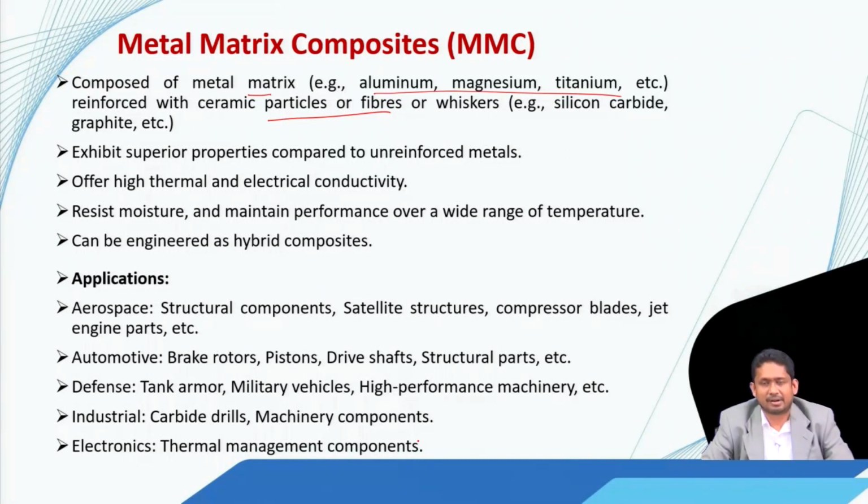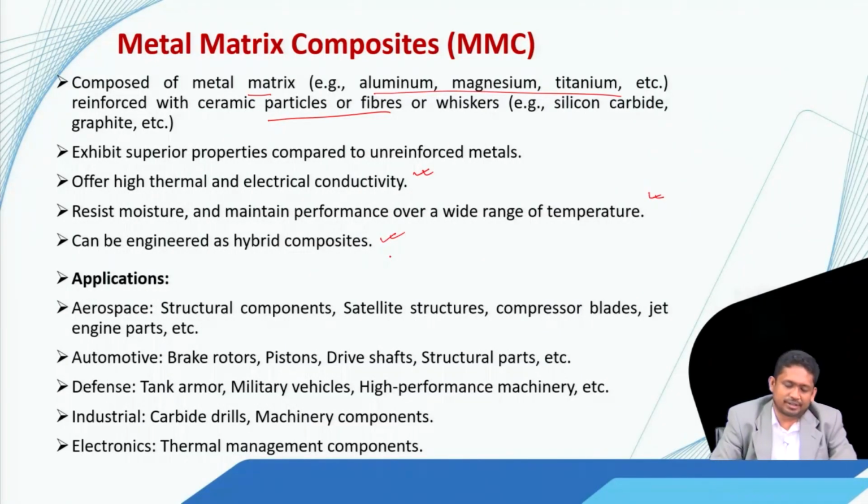For example, they offer high thermal and electrical conductivity, they resist moisture better, they can maintain performance over a wide range of temperature, and they can be engineered as hybrid composites also.